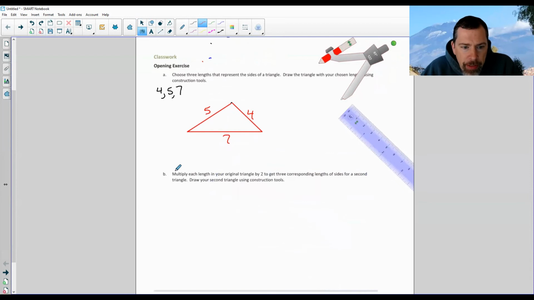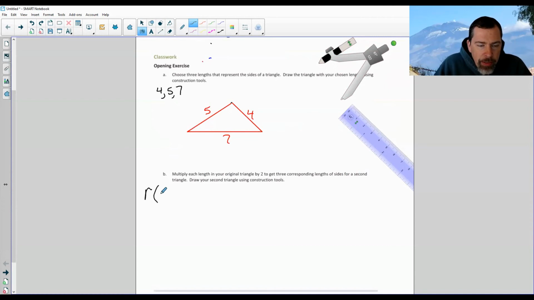Part B says, multiply each length in your original triangle by 2 to get 3 corresponding lengths of sides for a second triangle. Draw your second triangle using the construction tool. So if I take R times my sides, 4, 5, and 7, then I'm going to double it.